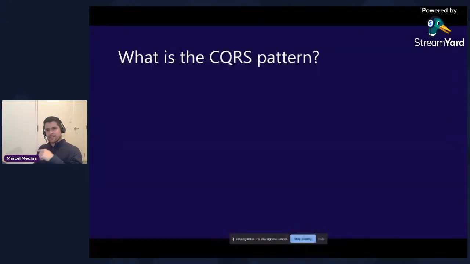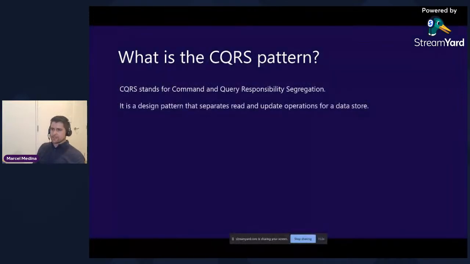And then we have CQRS as well, right? So we're going to approach CQRS. What's the CQRS pattern? It stands for command and query responsibility segregation. It's a design pattern that separates read and update operations.